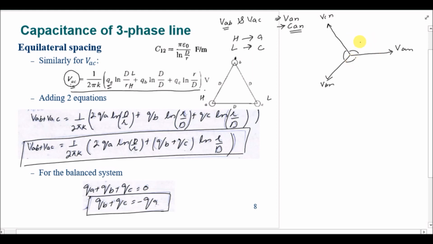Now for the line to line voltages we have VAB, VBC and VCA, which are also 120 degree apart.